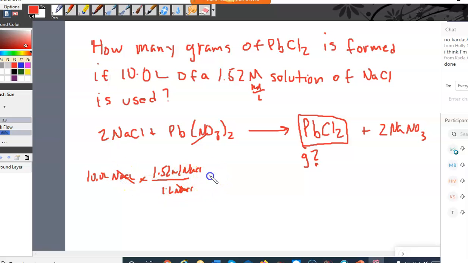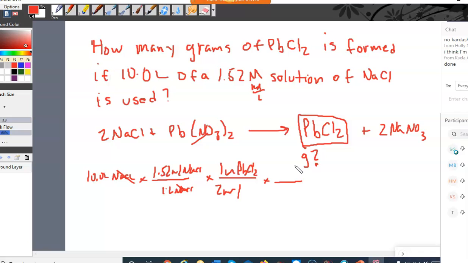So from your moles of sodium chloride, you've got to get to moles of lead chloride. So 2 moles of sodium chloride is to 1 mole of lead chloride. And that's what I want, moles. And then I'm going to multiply it by the molecular weight of lead chloride, which I have not done. So let me look at it real quick.